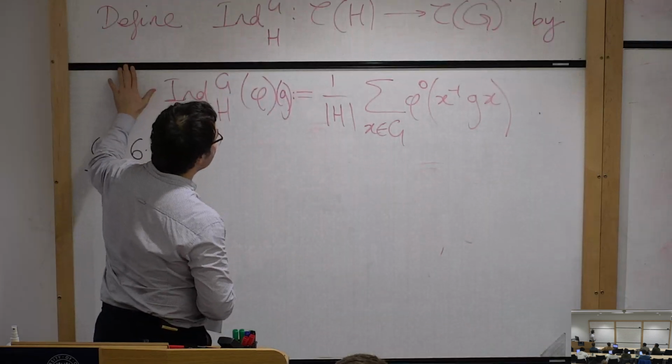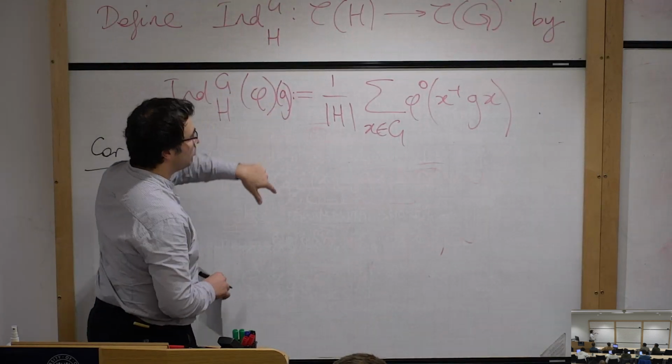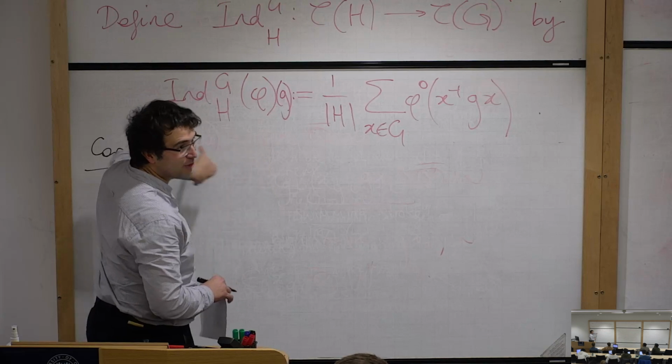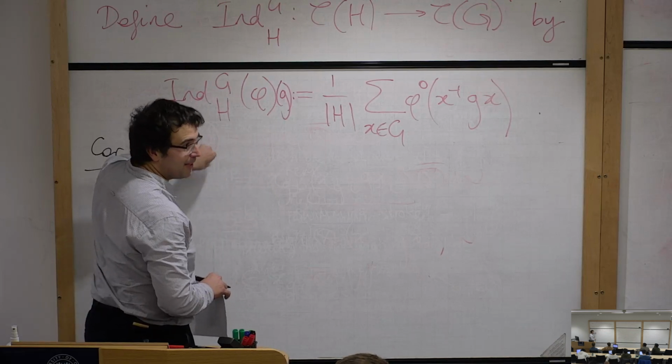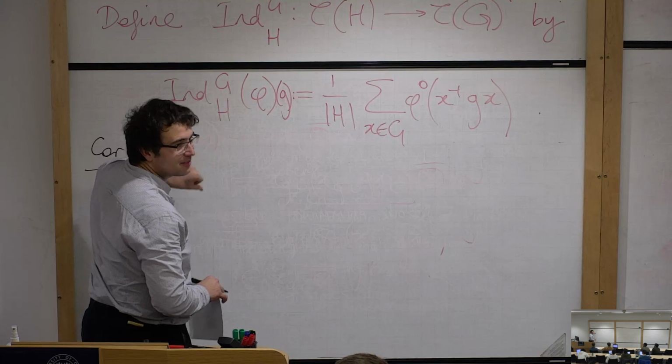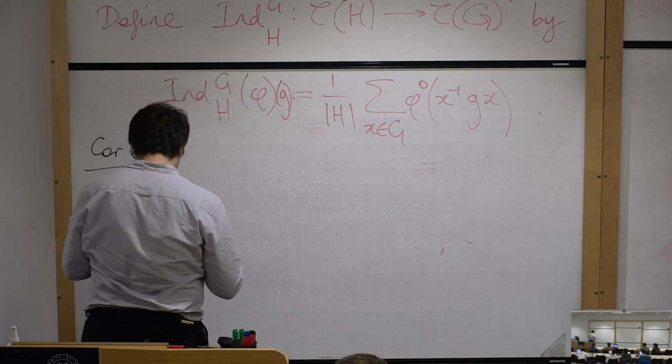I think it's a nice exercise in just messing around with double and triple sums over the group to actually prove this corollary directly, because the statement makes sense without any reference to characters. What's the statement?